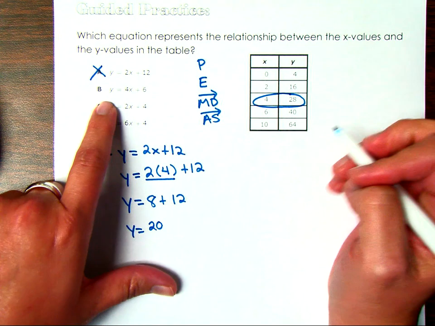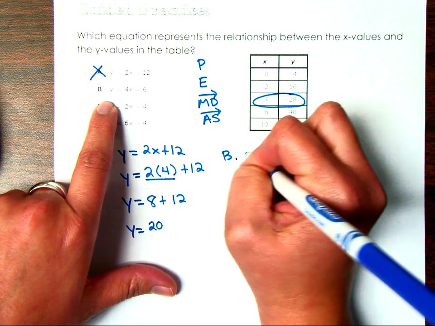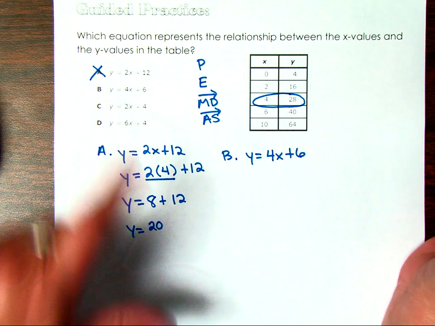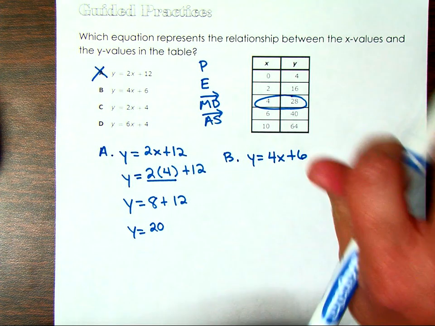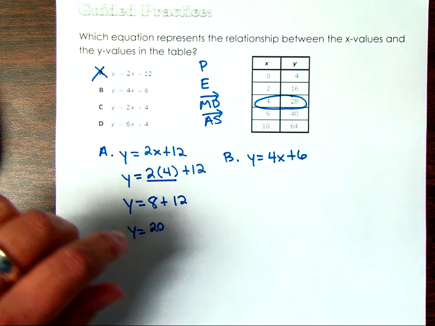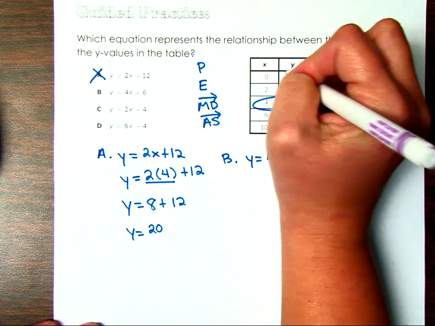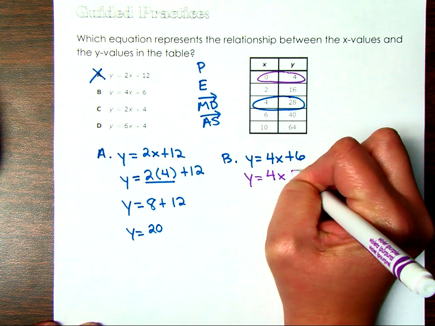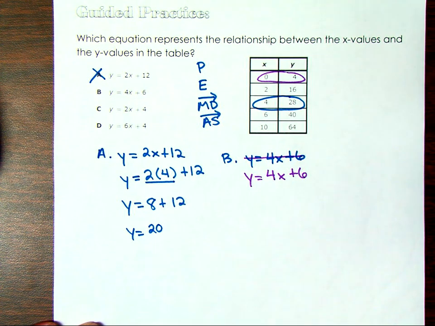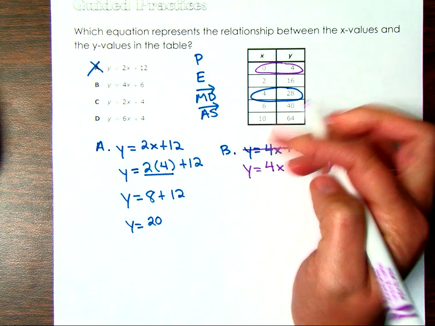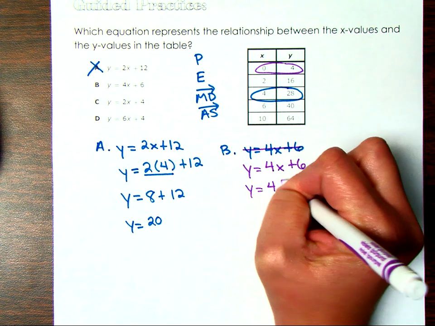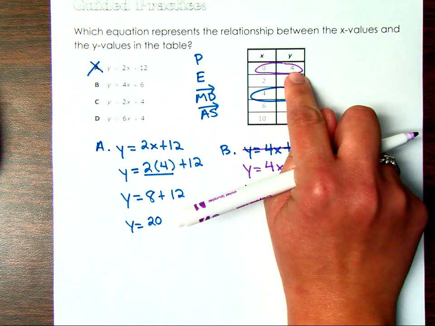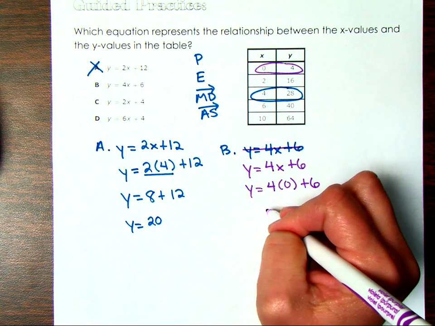Okay, so let's look at answer choice B. Y equals 4x plus 6. Okay, I'm going to do purple on this one, change it up. Let's try this one. Just change the color to help us out so we can see it a little bit better. So when I plug in x is 0, I want my output, my y, to be 4.